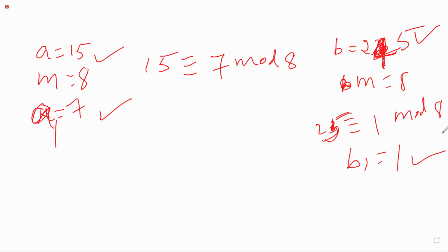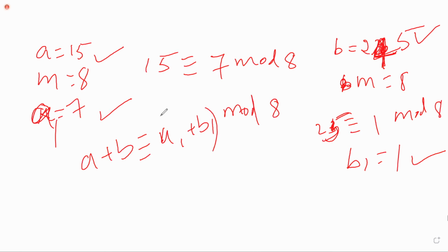Then we can say that A plus B is congruently equivalent to A1 plus B1 mod M. So that is 8. So here A plus B is nothing but 15 plus 25, that is 40, is congruently equivalent to A1 plus B1.